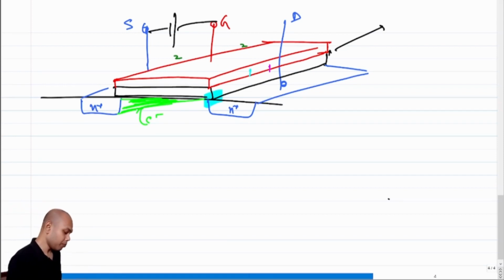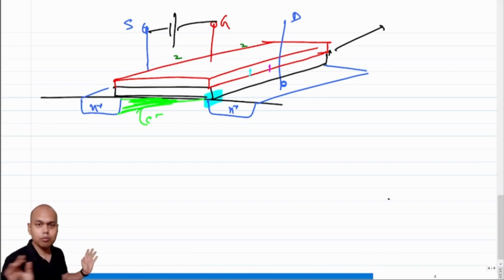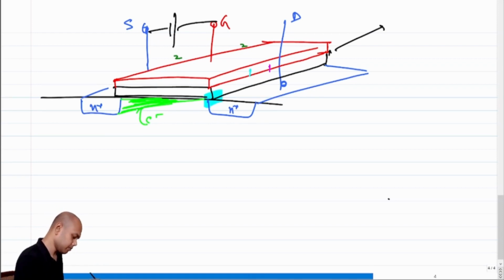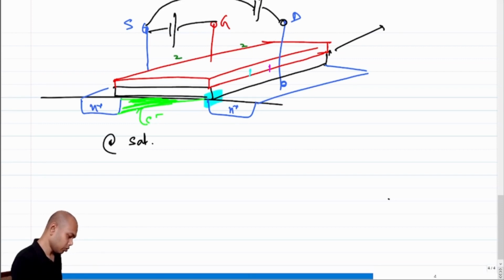And what happens at that drain channel junction? At the drain channel junction, there is essentially no channel, right? We have pinch off. So if that happens, right? So this is, let's say, at saturation. We have something between the drain and the source also.